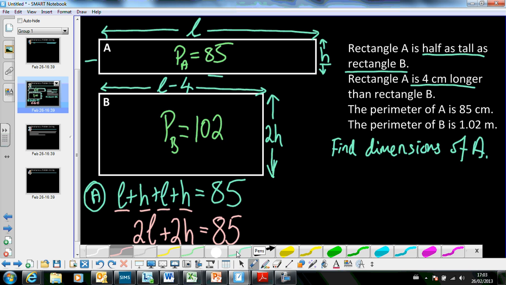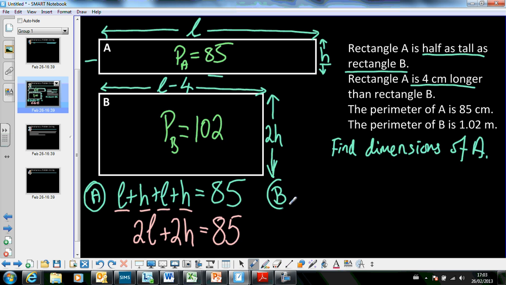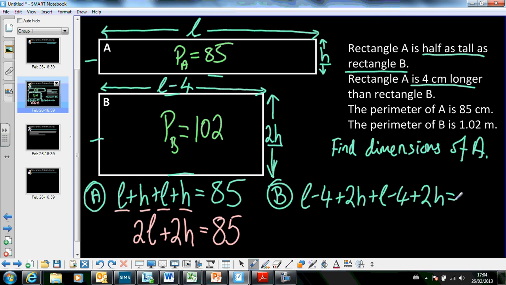And the second equation, if I add up L minus 4 and 2H, and L minus 4 again, and 2H again, L minus 4, add 2H, add L minus 4, add 2H, that gives me a total of 102. So that's the perimeter there.